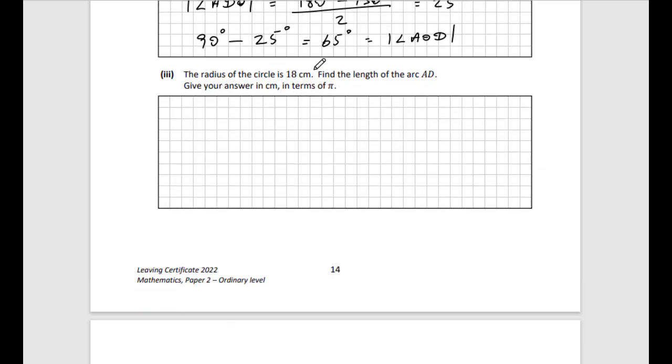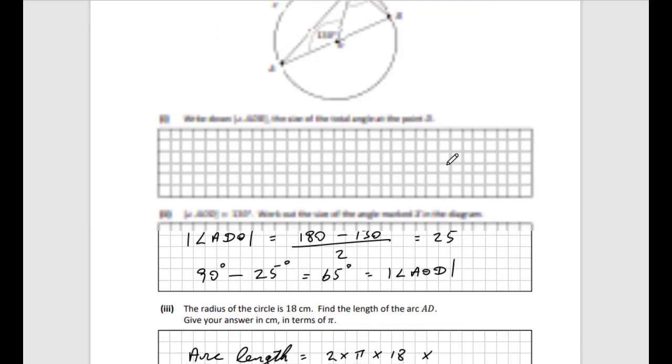The radius of the circle is 18 centimeters. Find the length of the arc AD, give your answer in centimeters in terms of pi. So an arc length is going to be equal to 2 pi r. So it's going to be 2 times pi times the radius, which they give us as 18. I've got to multiply that by the fraction of the circle we're actually talking about.